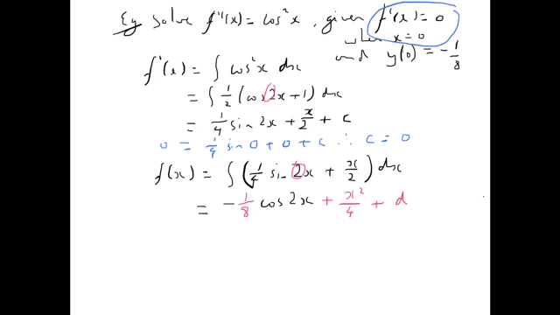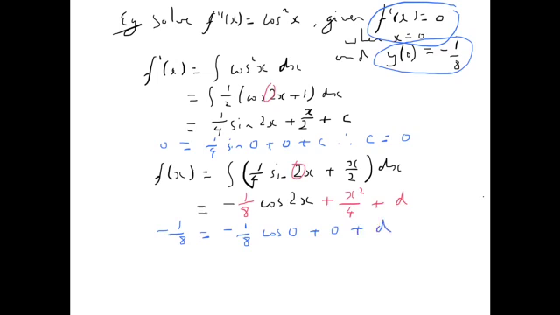Next bit of information is that y(0) is negative 1/8. So if we substitute that in, we get negative an eighth equals negative 1/8 cos 0 plus d.